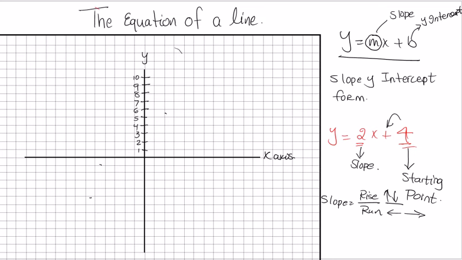My starting point is 4. This is where I'm going to start. Just put a point, a dot, and circle it. We're done with the y-intercept.